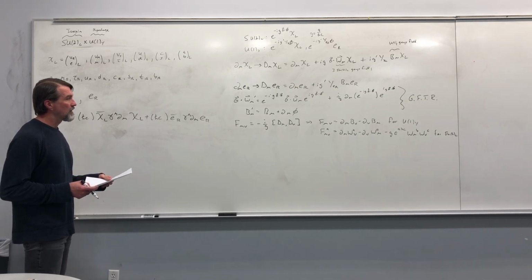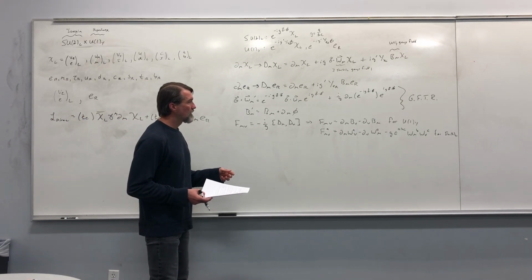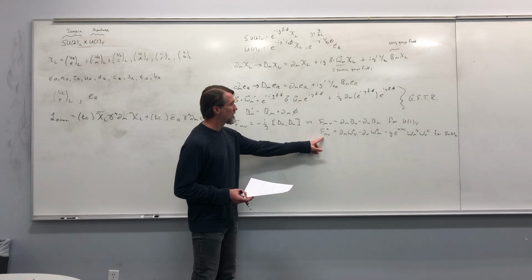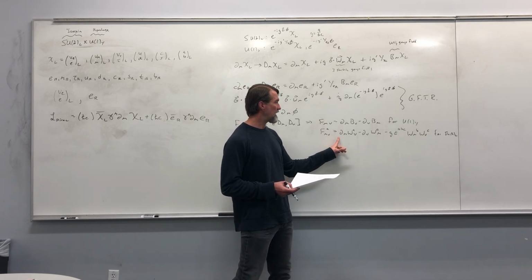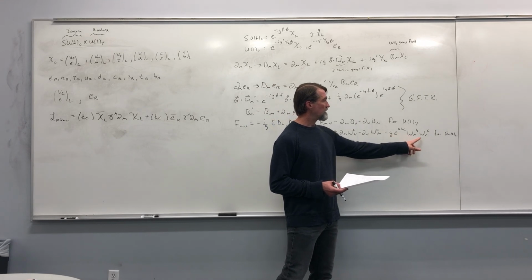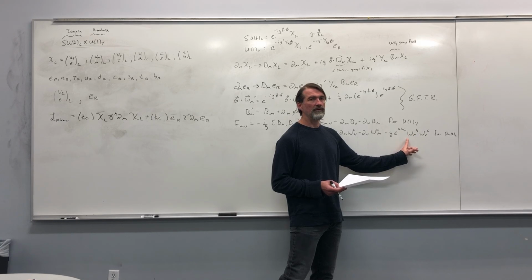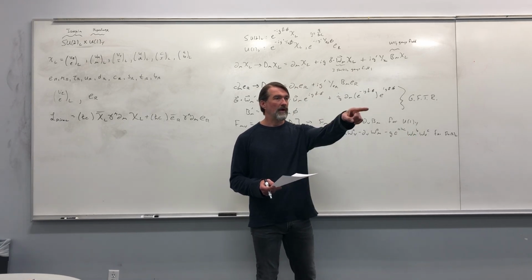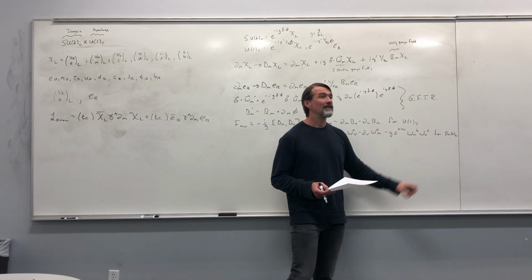Well, wait a minute. The kinetic term for SU2 left has the derivatives of the gauge fields. Then it has these terms. What kind of terms are those? Of the gauge fields with other gauge fields.